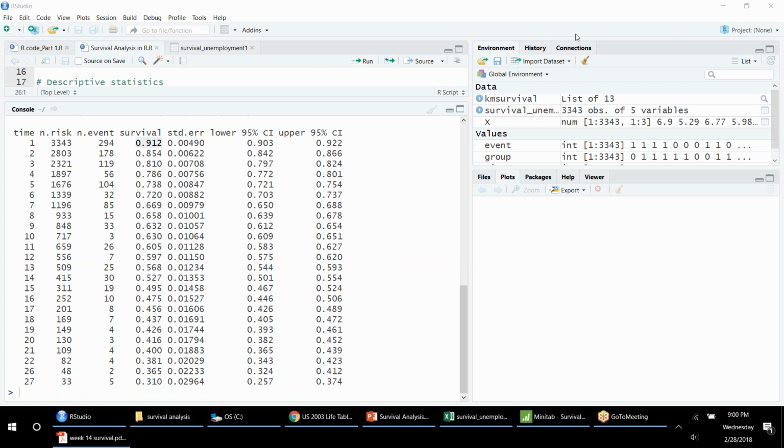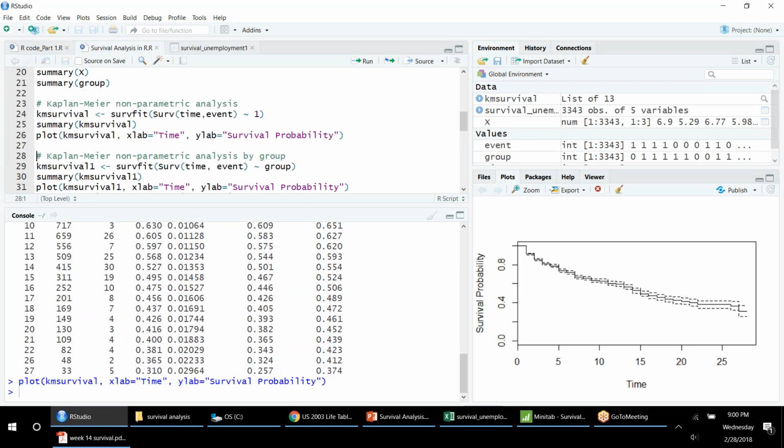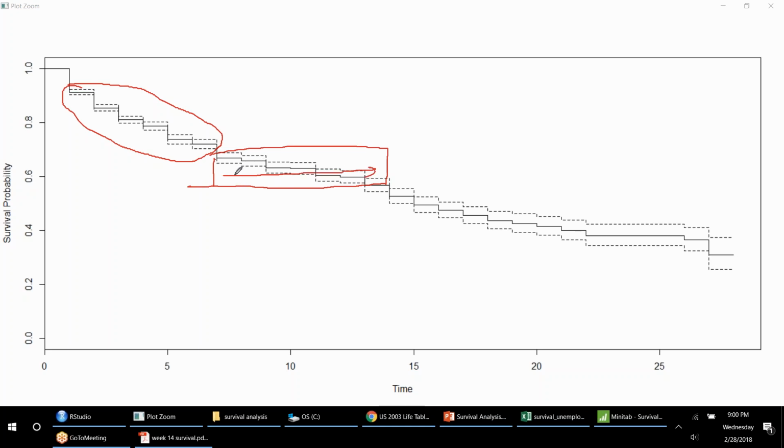We can also visualize this using the plot function. This is how it looks like. Of course, these dotted lines are nothing but the confidence interval values. And if you observe, till here it was fine. Here the probability decrease is parallel to the x-axis, almost very close to that, right?